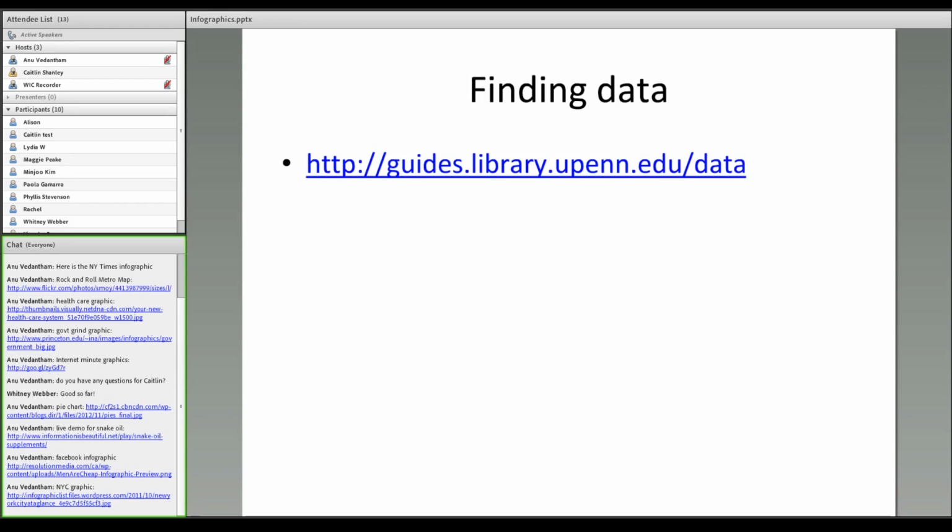Our data services librarian has created a really helpful guide that lets you know where you can find open data on the web, and also data that you have access to through Penn Library resources. So this is a really great guide if you need to find some data to use and visualize. We won't have too much time to talk about that piece today, but this guide can help you get started. So I'll share this URL again at the end.